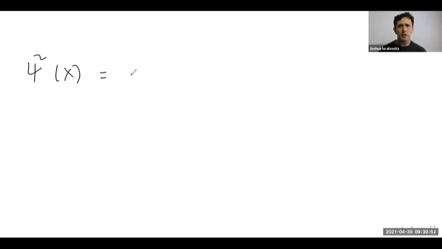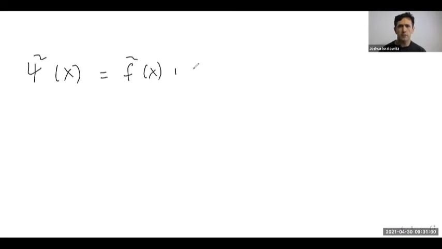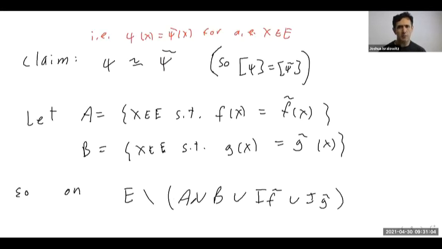So this is going to be f tilde of x plus g tilde of x, because we're possibly taking away this chunk here, which maybe includes stuff not here.